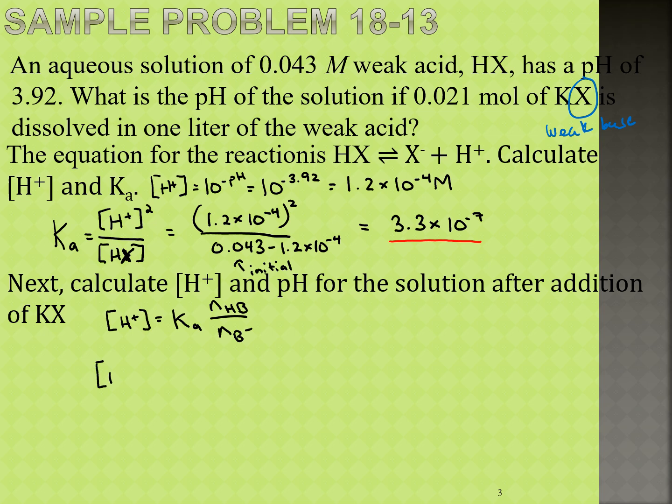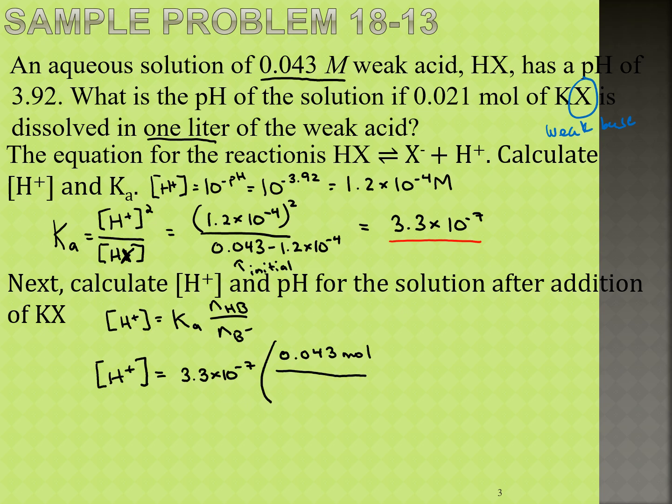So we're looking for our H plus, and that's the pH. The Ka we found to be 3.3 times 10 to the minus 7th. The number of moles of HB: well, we know that it was 0.043 molar, and we know it was 1 liter, so that's also 0.043 moles.